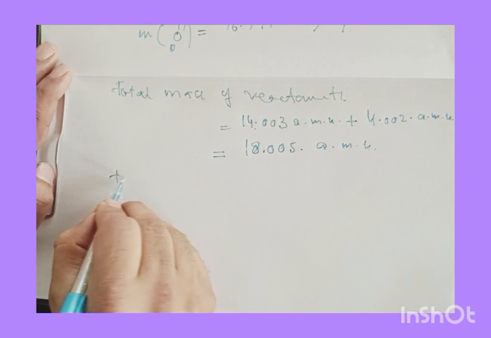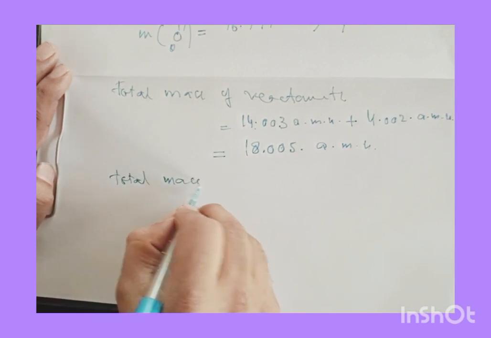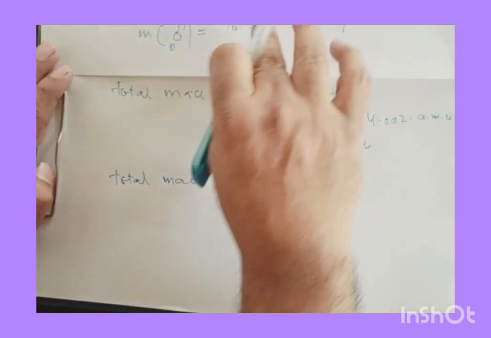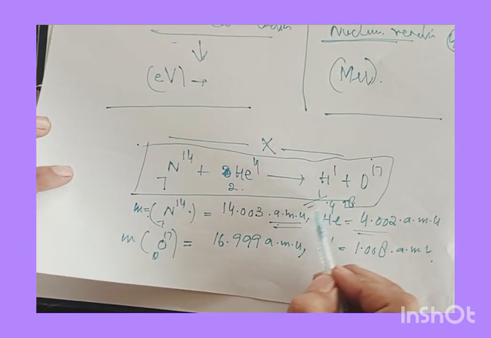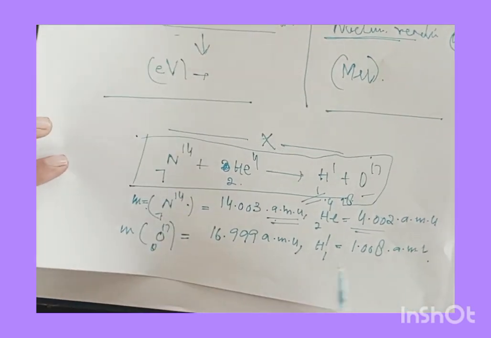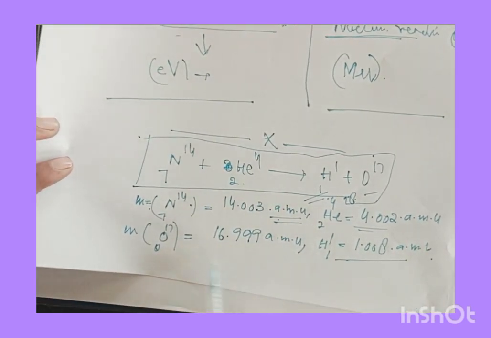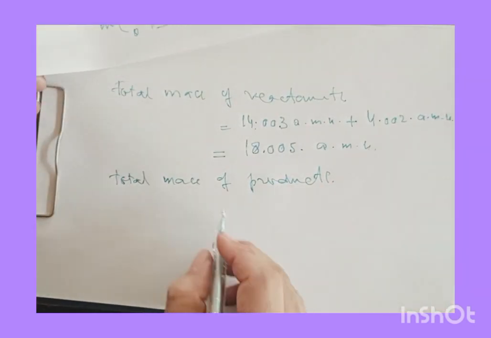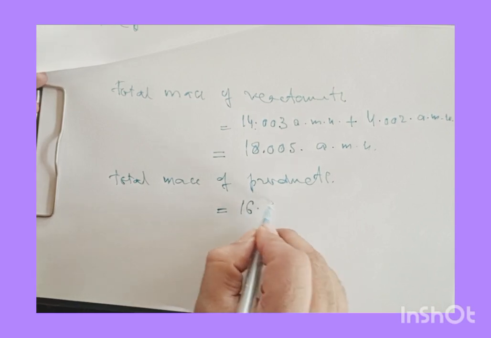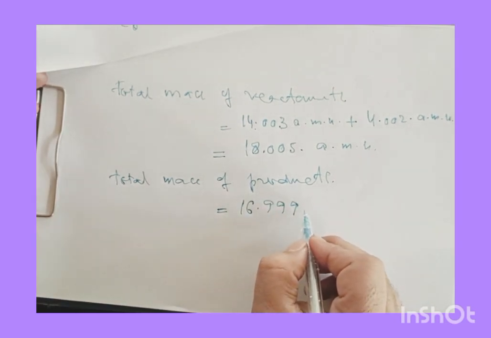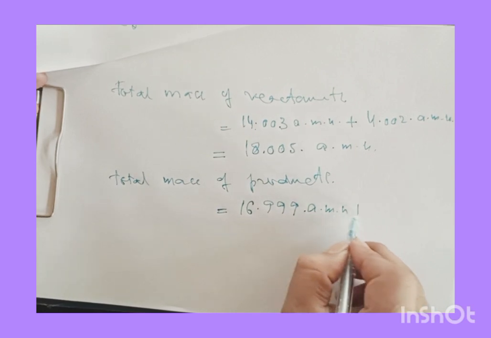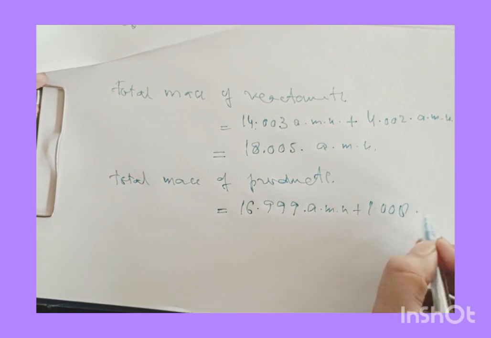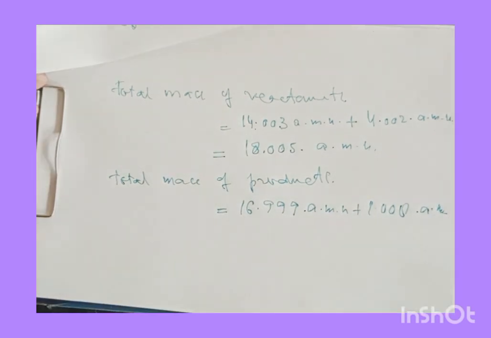Now we would go with the total mass of products. So in products, what we have is a proton and oxygen, and we have been given the mass of the proton and the mass of this oxygen atom. How much this is going to be is 16.999 atomic mass units plus 1.008 atomic mass units.